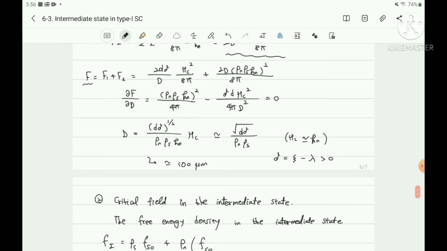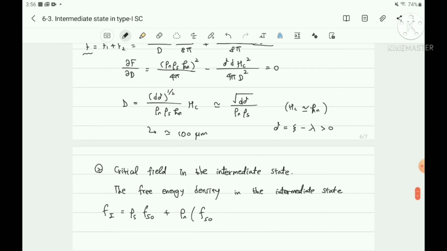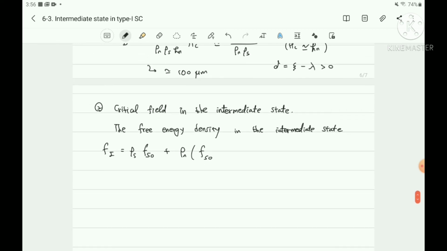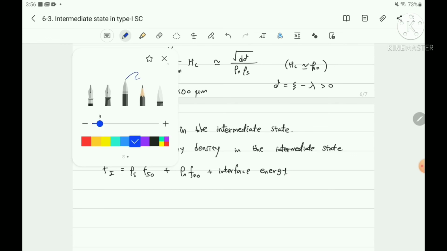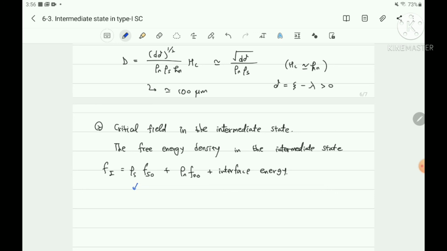Anyway, I'm sorry, Fn0 plus interface energy. The first term is the superconducting free energy, and the second term is the normal state free energy.